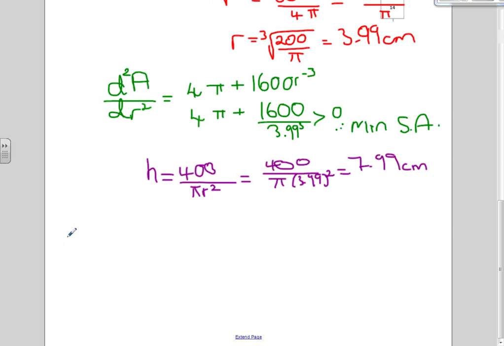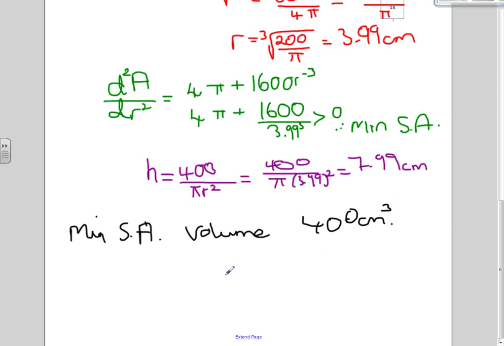So that means for the minimum surface area for a volume of 400 centimeters cubed, we would need a radius equal to 3.99 centimeters, and we would need a height of 7.99 centimeters.